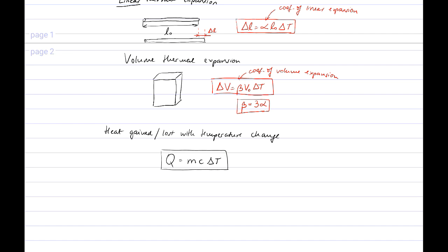Now, it is possible for heat to be gained or lost, but not with a temperature change. We call that latent heat. So heat gained or lost during a phase change.